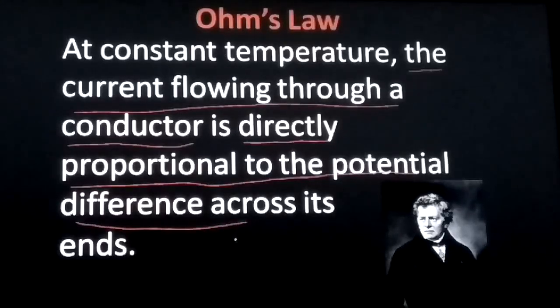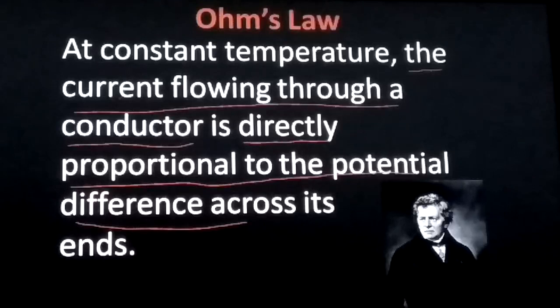across its ends. So don't mug up this Ohm's law, just remember: at a constant temperature, that means the temperature should be constant, the current flowing through a conductor is directly proportional to the potential difference across its ends.